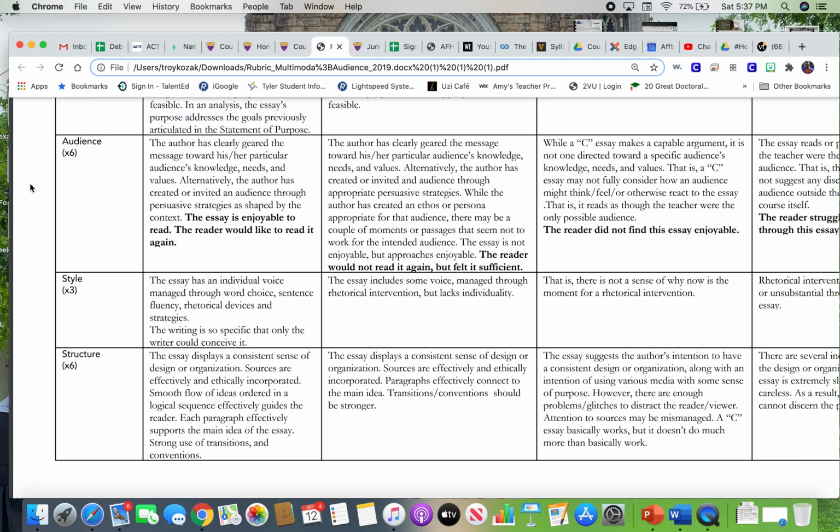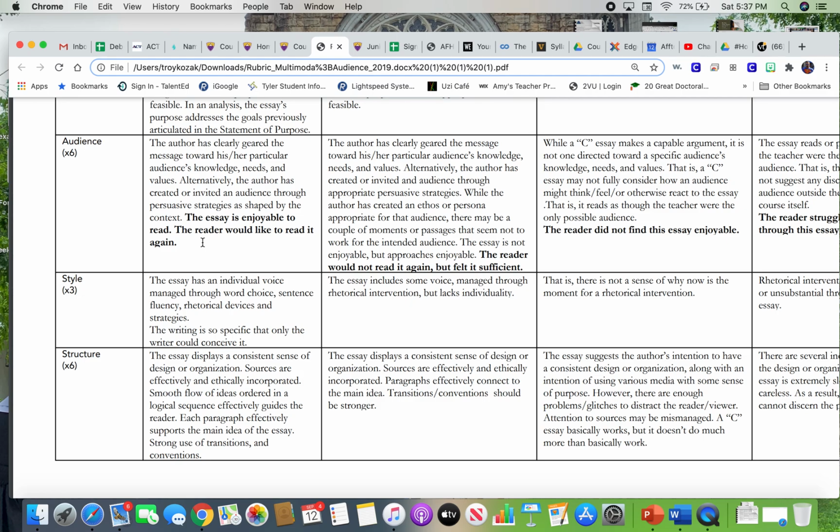This is a complex rubric, so one element isn't necessarily standing out more than the others. This is a nice little tagline that came up at SLU a few years ago that I really like for audience. The essay is enjoyable to read. Like that's kind of the bar to hit.